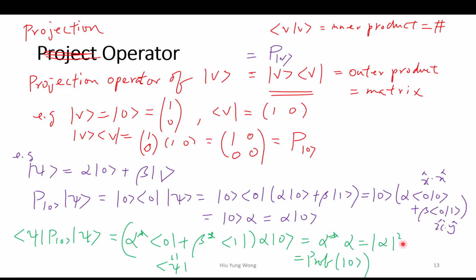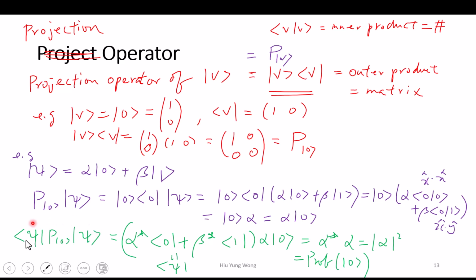So in summary, the projection operator is constructed by outer product. You apply the projection operator to the state, you get the component of the corresponding vector you are trying to project to, like the shadow.